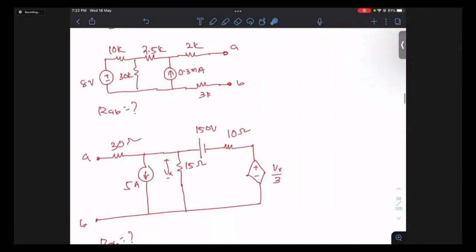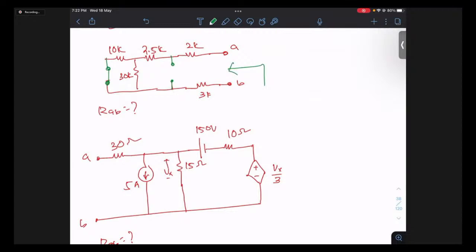So this current source, I'll be replacing by open circuit. This voltage source, I'll be replacing by short circuit. And I'm supposed to find the resistance from the AB terminal.